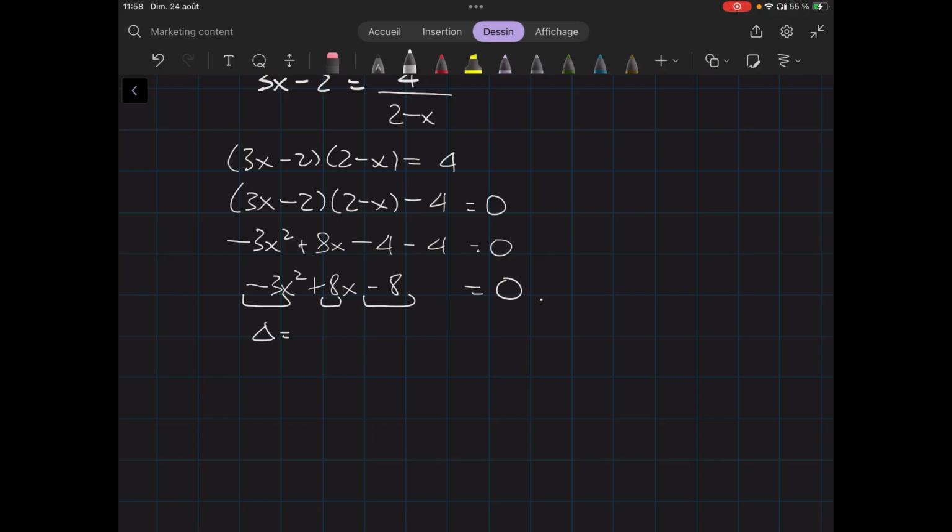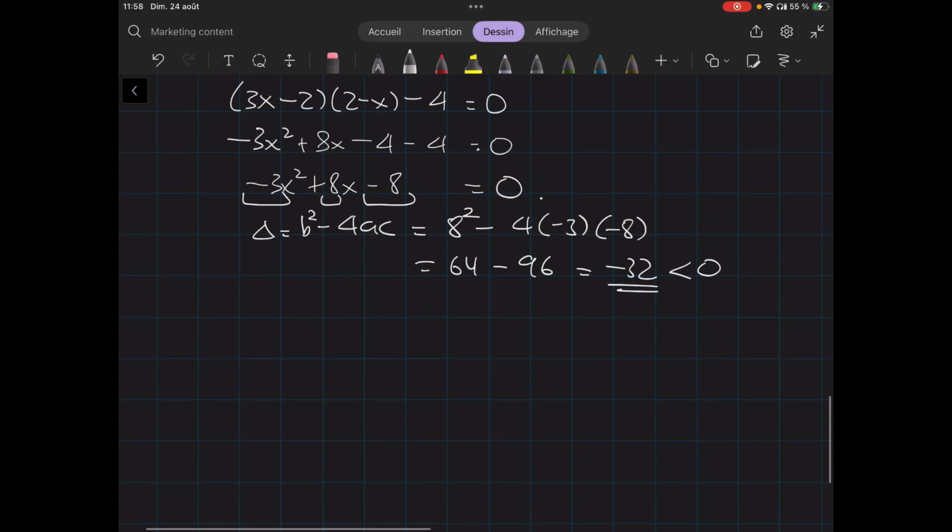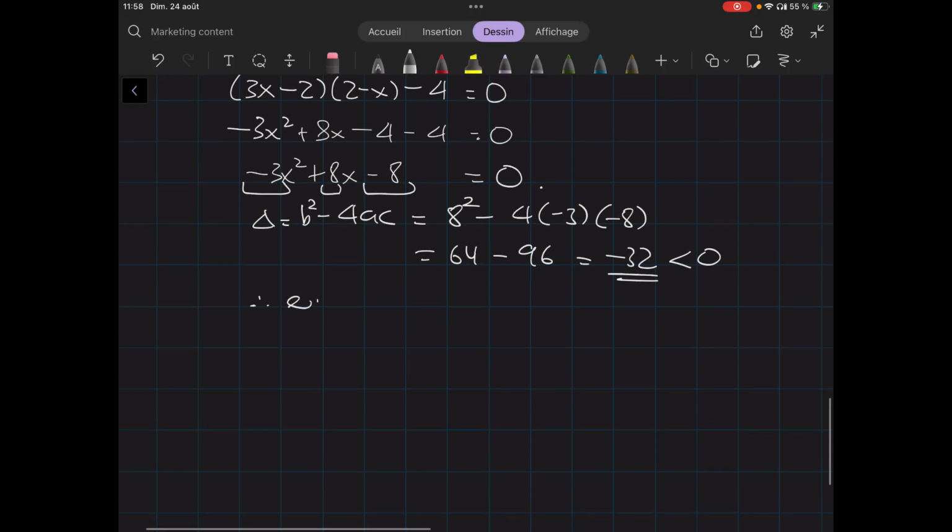So delta is therefore b squared minus 4ac, or 8 squared minus 4 times negative 3 times negative 8. And this value is less than 0. Therefore, the equation has no real roots.